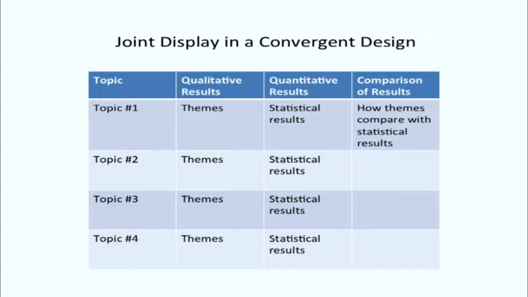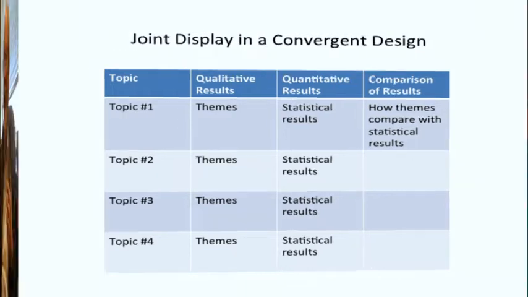So what I'm doing here is I am presenting in one table both the quantitative and qualitative data results so that I can compare the two. So that's the third approach.